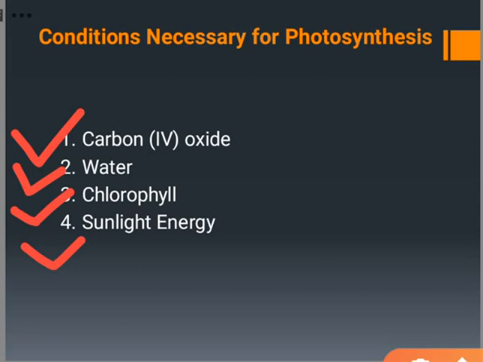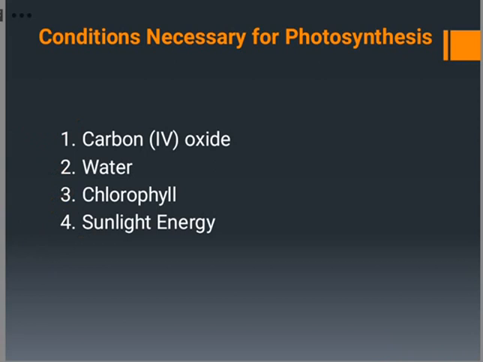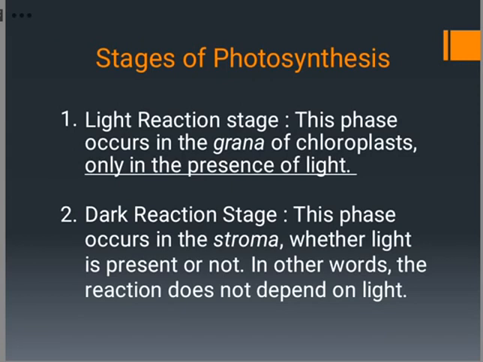These 4 conditions are necessary for photosynthesis to take place. Now let's come to the stages of photosynthesis. There are 2 main stages of photosynthesis. 1, the light reaction stage, and 2, the dark reaction stage.